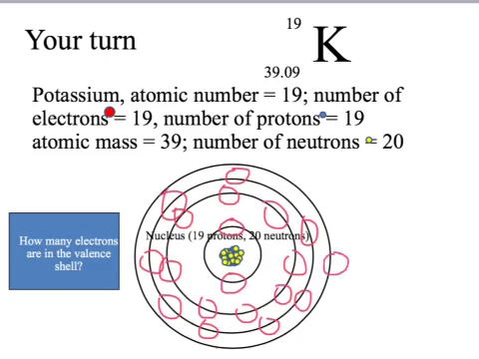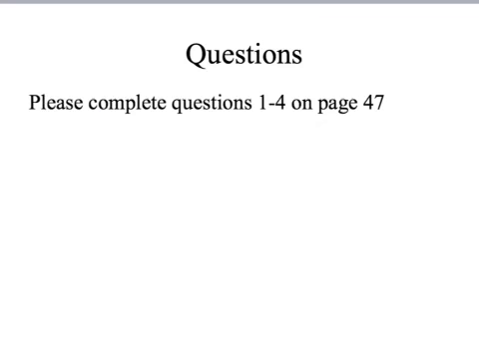So then you have 19 electrons in these shells, and in the valence shell, we just have 1. And the configuration of the electrons would be 2, 8, 8, 1. Beauty.